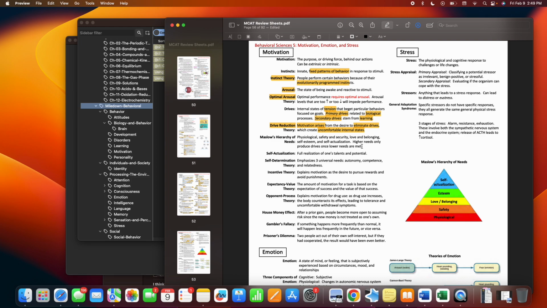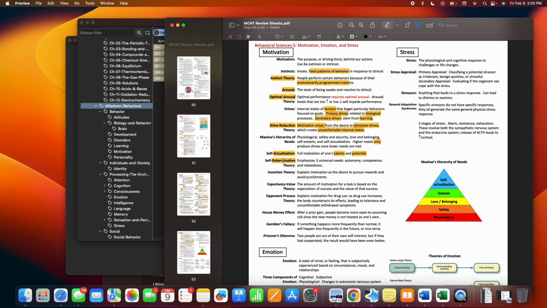So your physiological, your safety, your love and belonging, your self esteem and self actualization will be met in that order only. Self actualization is the full realization of one's talents and potential. This is your talents and potential.